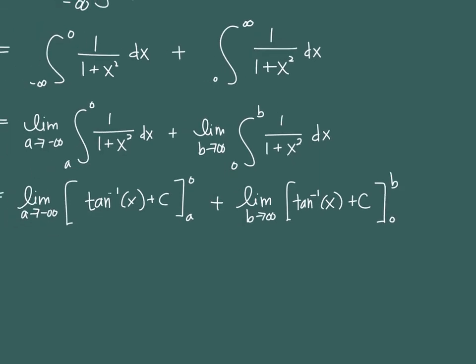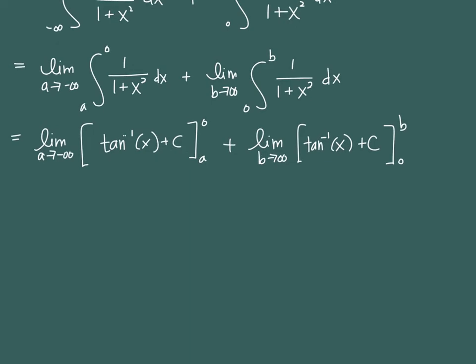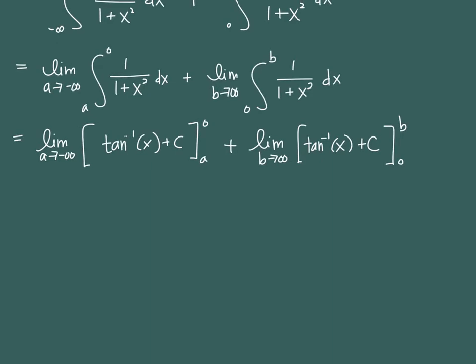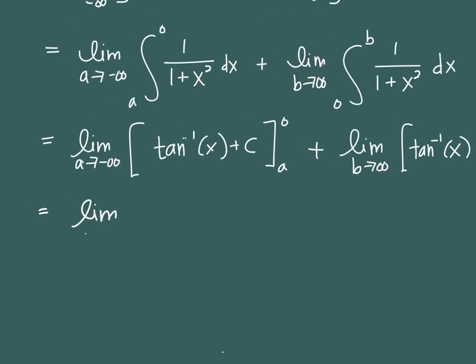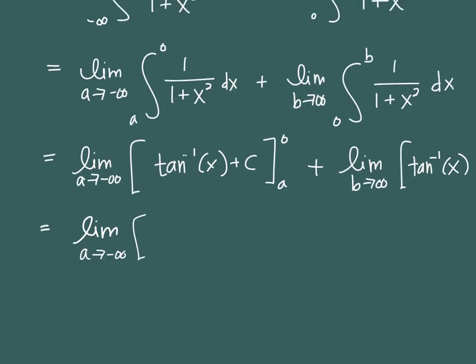Can you fast forward ahead in your mind a little bit and see what's going to happen to both times I plug in 0? Maybe. We'll check. Okay. So I'm going to get the limit as a approaches negative infinity of, first I plug in 0. Oops.